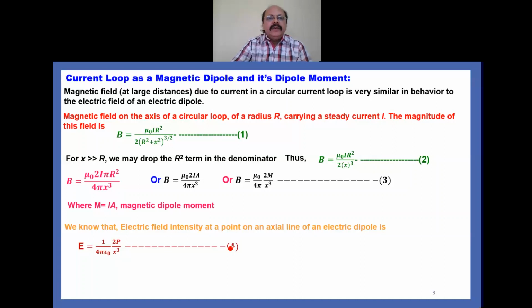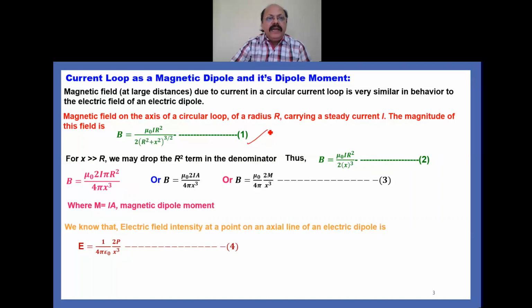As you see, we have already done the magnetic field on the axis of a current carrying loop of radius r carrying the steady current I. The magnitude of the magnetic field is given by B equal to mu naught I r square upon 2 within bracket r square plus x square raised to the power 3 by 2, where x is the distance of the point P from the center of the current carrying circular loop on its axis.